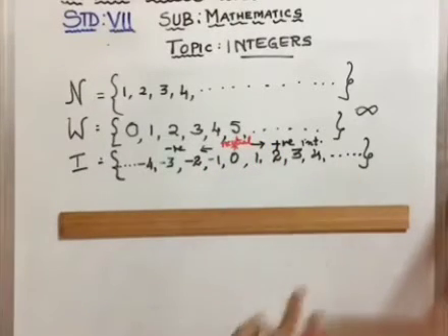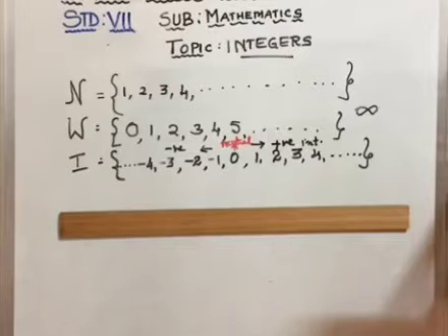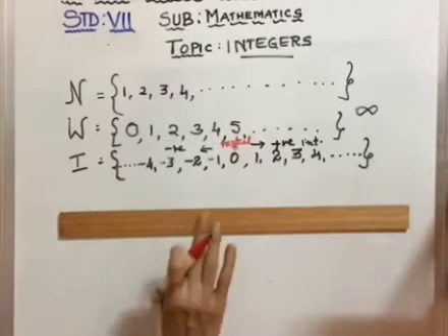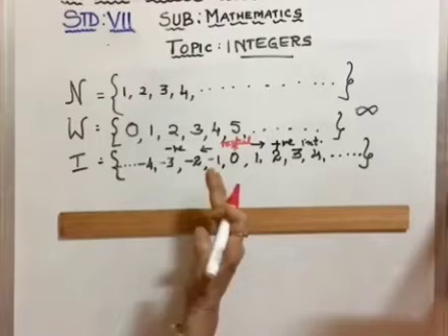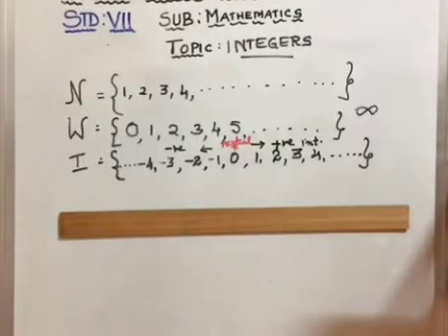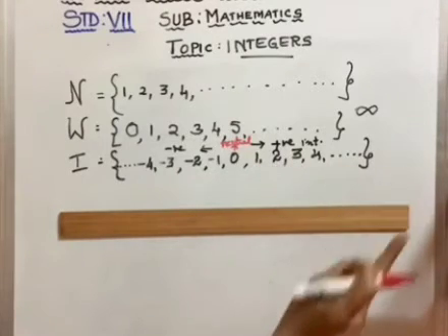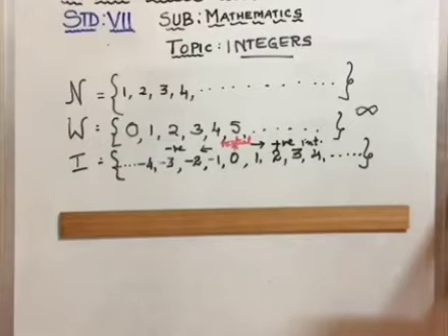All these are natural numbers or counting numbers or positive integers. That is, to the right of 0, I have all the positive integers starting from 1, then 2, 3, 4, etc. to infinity.